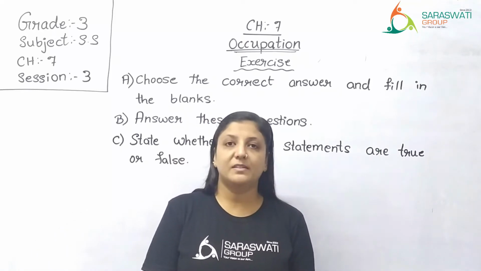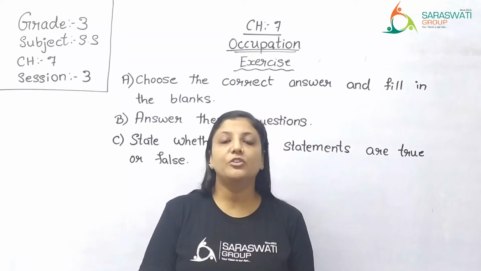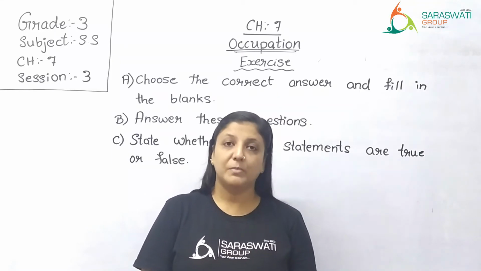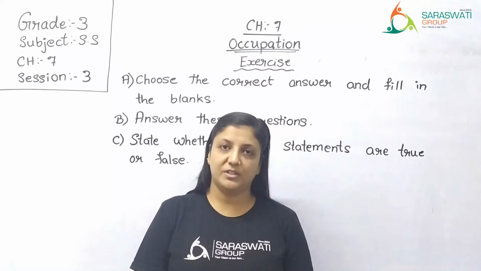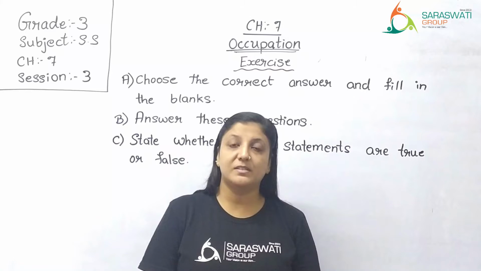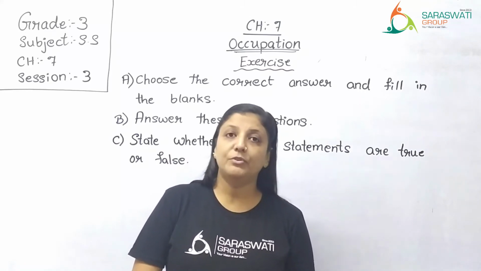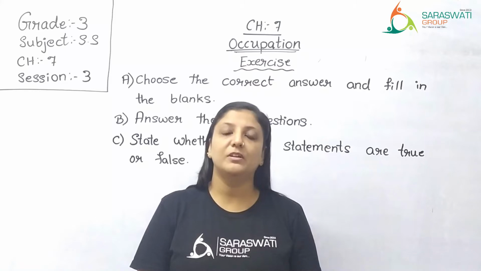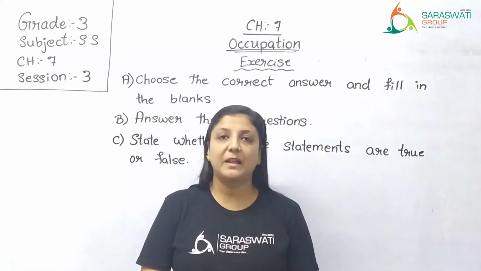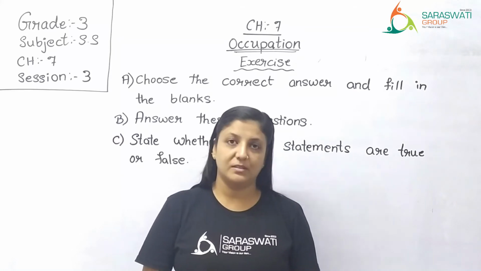Today, before I start solving the textual exercise, let us look into what we have learned in this chapter, a quick highlight of the chapter. Then we will go through the vocabulary words that you have to write in your CW books, and you have to learn the spellings of these words as well. Without knowing the spelling, you will not be able to attempt a few question answers.